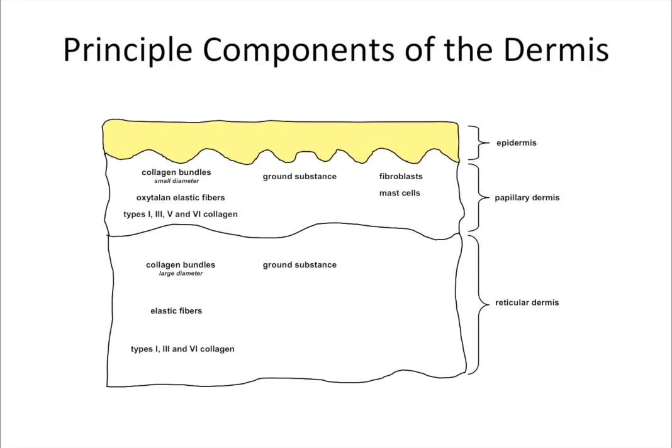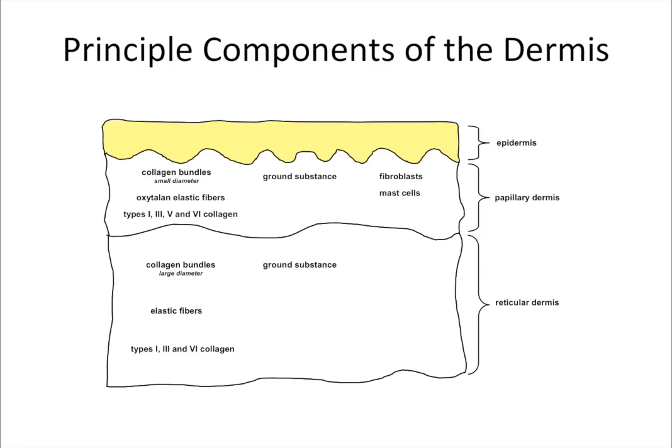So if we break down everything in the dermis, just to get a general idea of all the component parts, in the papillary dermis, which is this upper part, you can see that we have collagen bundles that are mostly small diameter collagen. We have what are known as oxytalan elastic fibers. So you might have heard of elastic fibers or elastin.